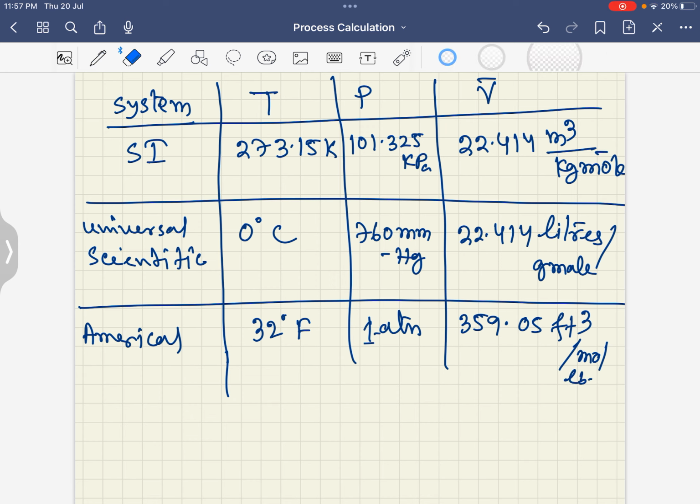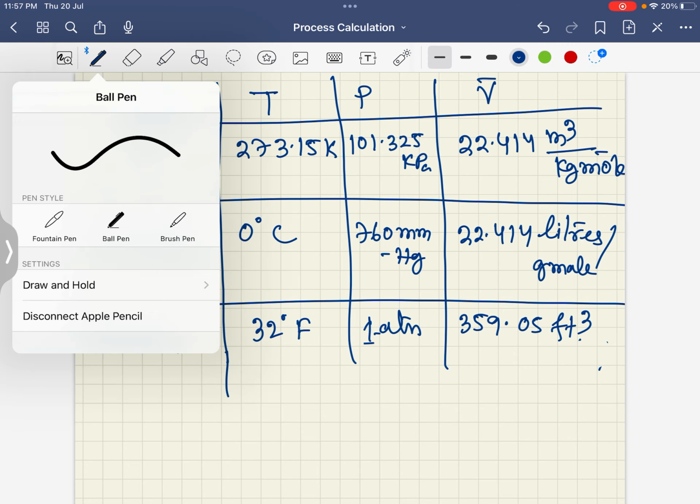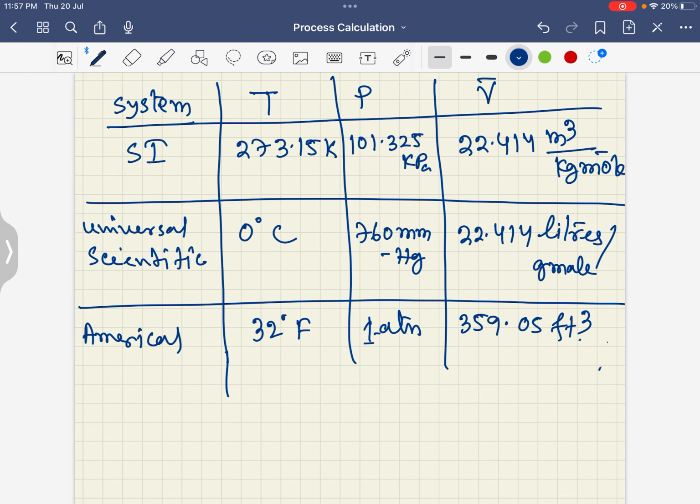You can write that per pound mole. So if you remember that, we can easily calculate what will be the unit of R, or what will be the value of R.